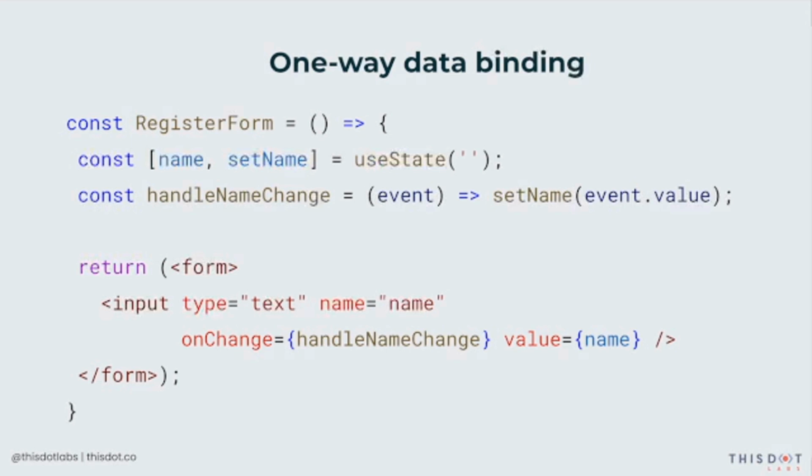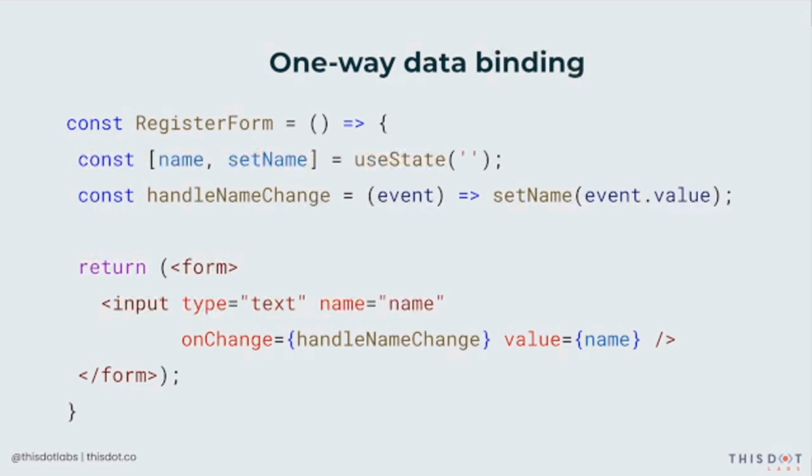So if you have a look here at what we return, we have a form with an input field, and that input field has a value of name, which is our local state and gets initiated with an empty string. So on first render, we have an input field with an empty value. If I were to type Bob in this field, the value of the input field would change. If I would use plain JavaScript to get the value, it would say Bob.